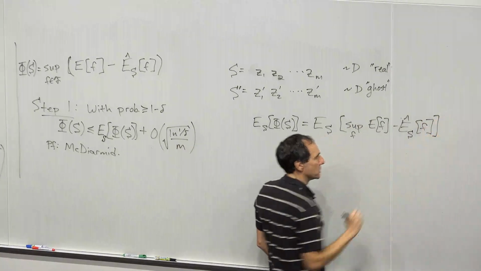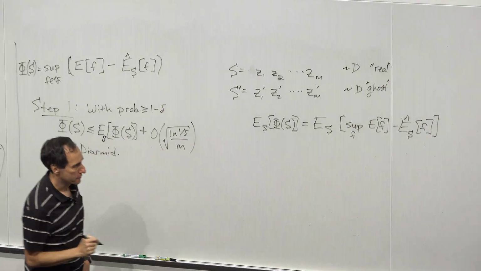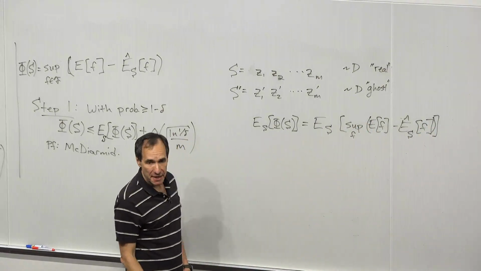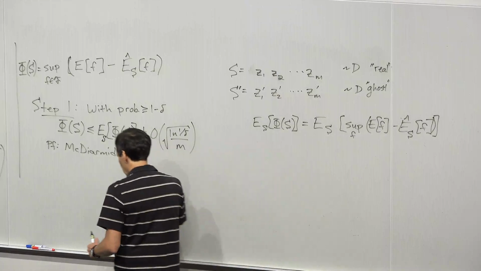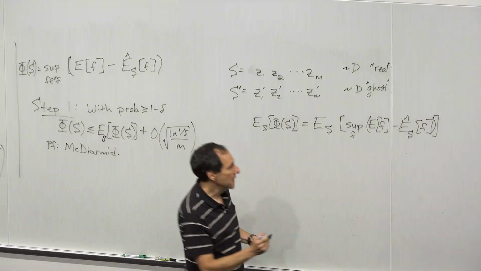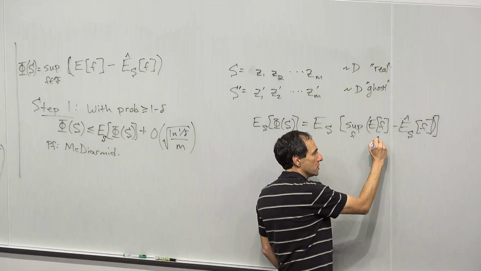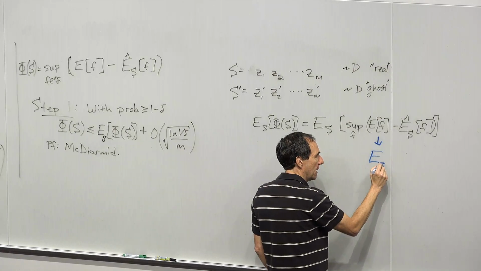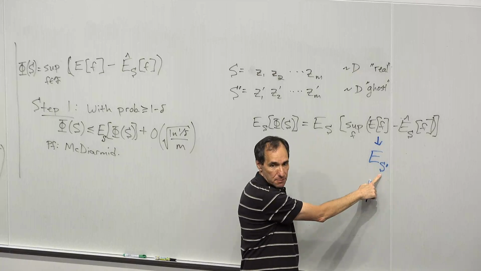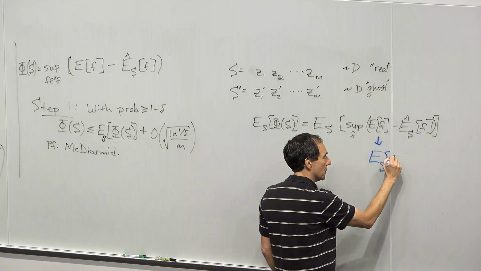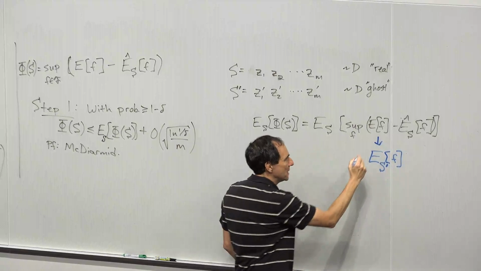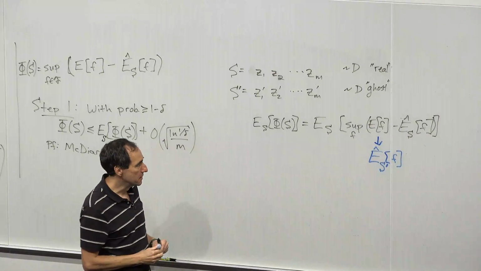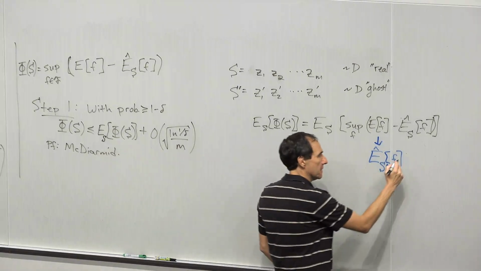So far I've just copied. Now the idea is to take this expectation and replace it by an empirical average on S prime, on this ghost sample. So this now means empirical average on the ghost sample. That's what the S prime means. And then leave everything else the same.